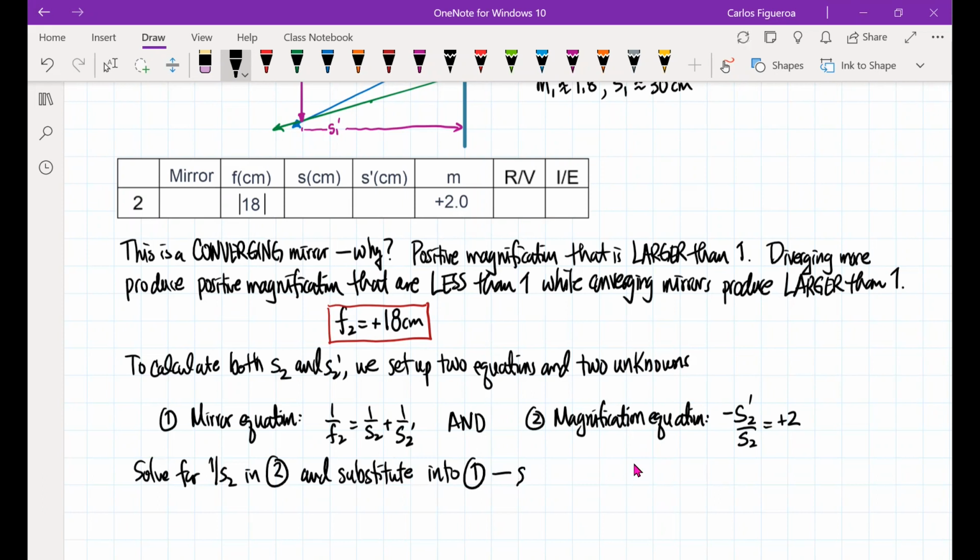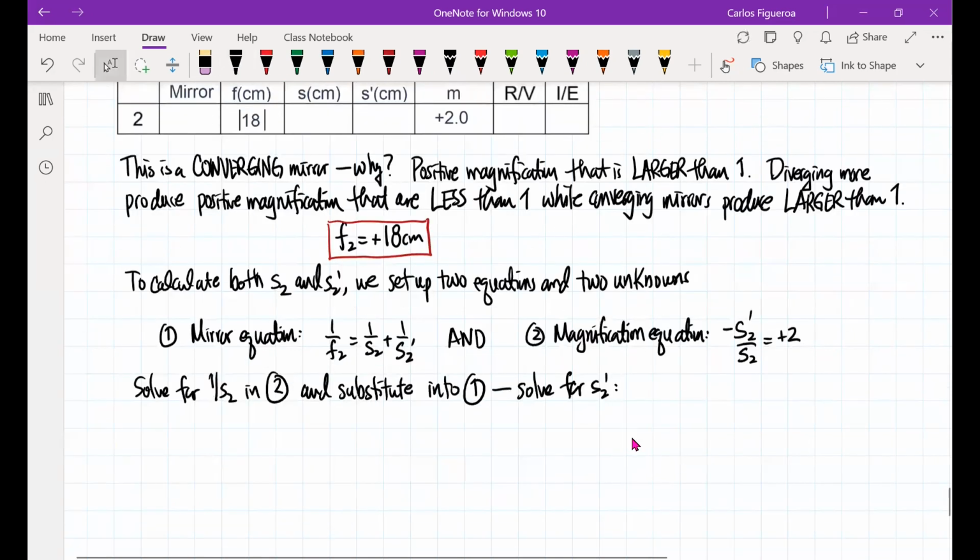And now we can solve for S2 prime. So let's do that. So the first thing you see here is that I have 1 over F2. And then what you're going to see here is that I have 1 over S2 plus 1 over S2 prime.